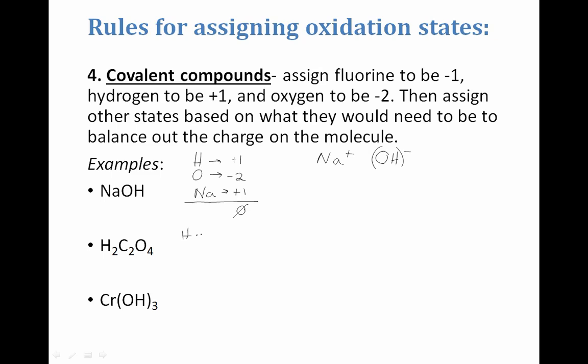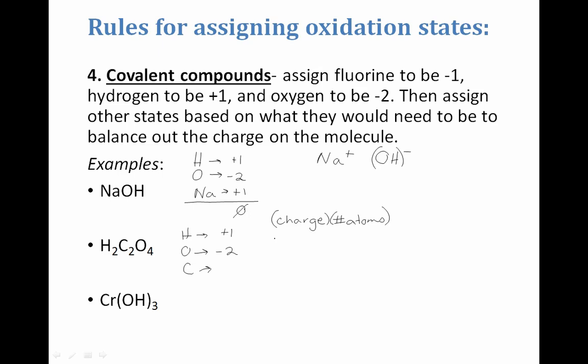So hydrogen, we assign that first. It has to be +1. Oxygen, assign that next. It's got to be -2. So then what is carbon? What's its oxidation state? Okay, let's do a little math. What I'm going to do here is charge times the number of atoms.